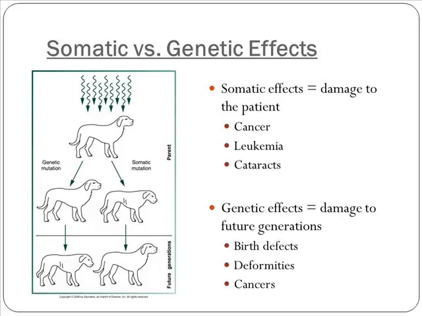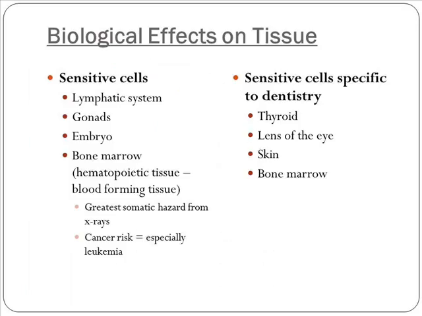Okay, so just make sure you understand the difference between somatic effects being the person getting the radiation feels the damage themselves, and genetic effect is future generations. Biological effects on tissues, again, which cells are sensitive to radiation is what we're talking about here in general on the left-hand side and specific to dentistry on the right-hand side here.